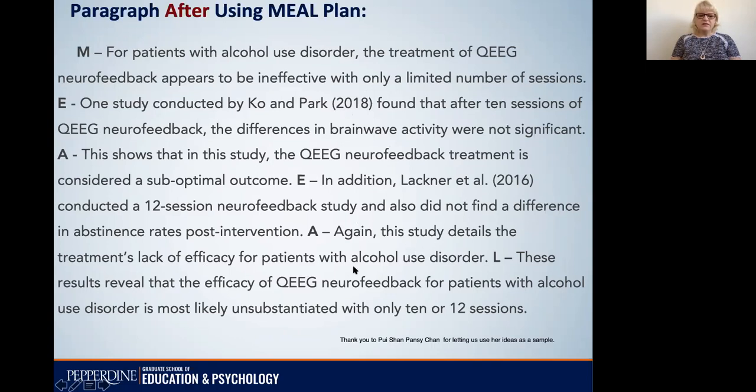Again, this study details the treatment's lack of efficacy. And then we have our link sentence, so kind of summing everything up. These results reveal that the efficacy of EEG neurofeedback for patients with alcohol use disorder is most likely unsubstantiated with only 10 or 12 sessions. So you can see that this gives a bigger, broader approach to the paragraph and summarizes and frames the information a little more effectively.